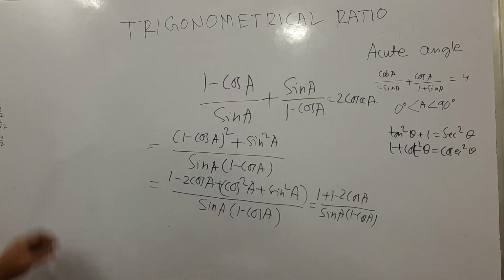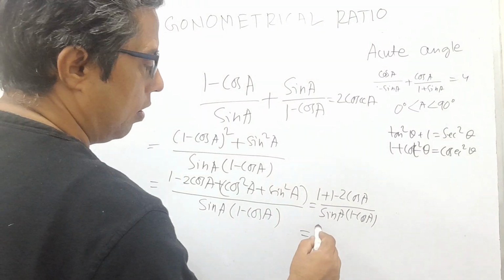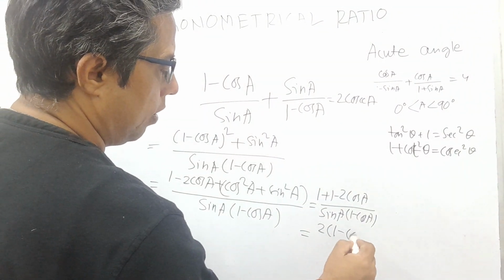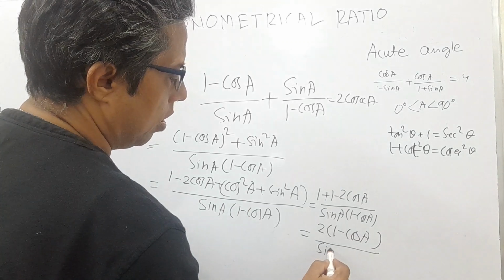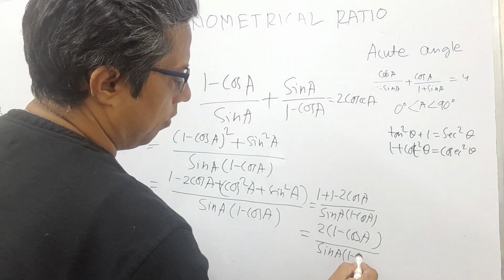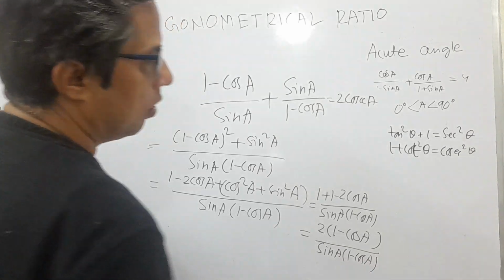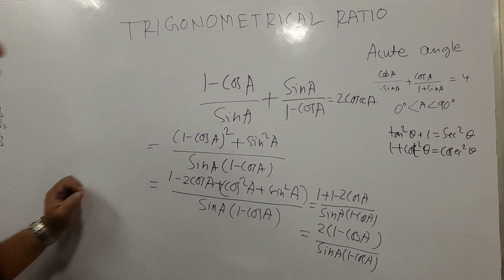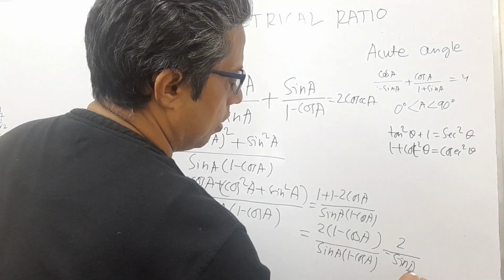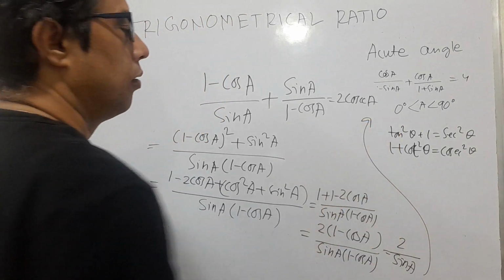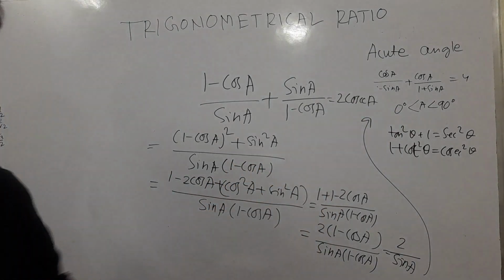So it will be 2 times (1 minus cos A) divided by sin A into (1 minus cos A). So it's coming 2 by sin A. That means 2 cosec A. We got it. Clear? Done.